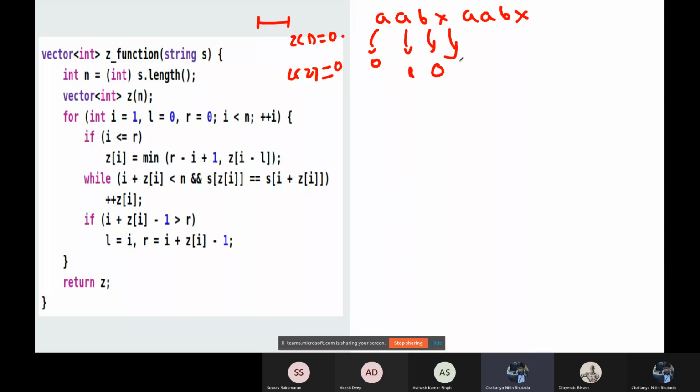Now X at this position. It is still not in any string matching, so we put Z of 3 equal to 0.